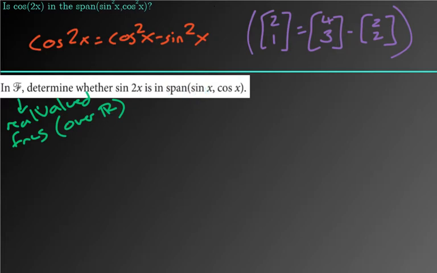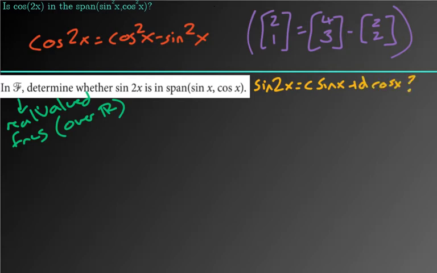So let's take a little more complicated problem now. Let's try to figure out, is sine 2x in the span of sine x and cosine x, okay? Abstractly, what that means is, can we do something like this? We have c times sine x plus d times cosine x.